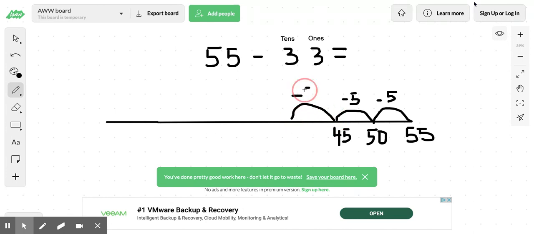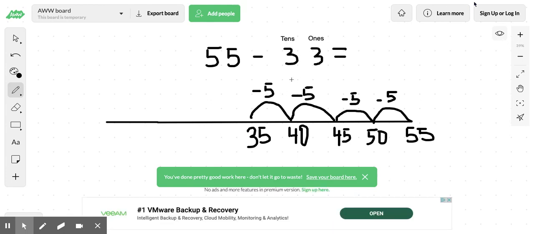Down by 5. It's going to give us 40. -5. Again, it's going to give us 35. So we got 5 and 5 is 10. And then we have another 5 and 5 is another 10.